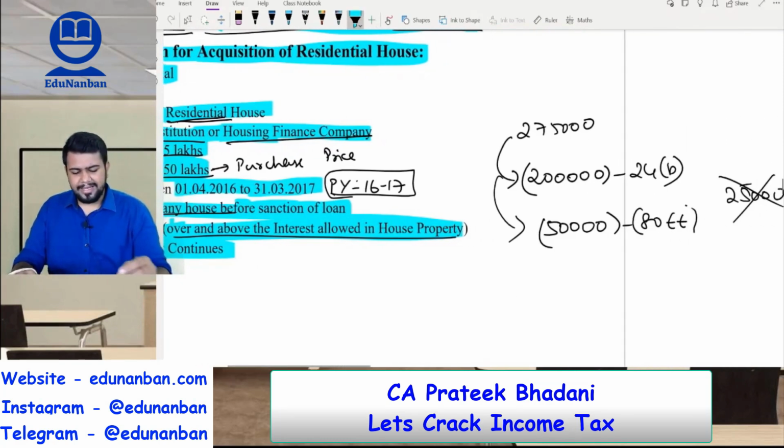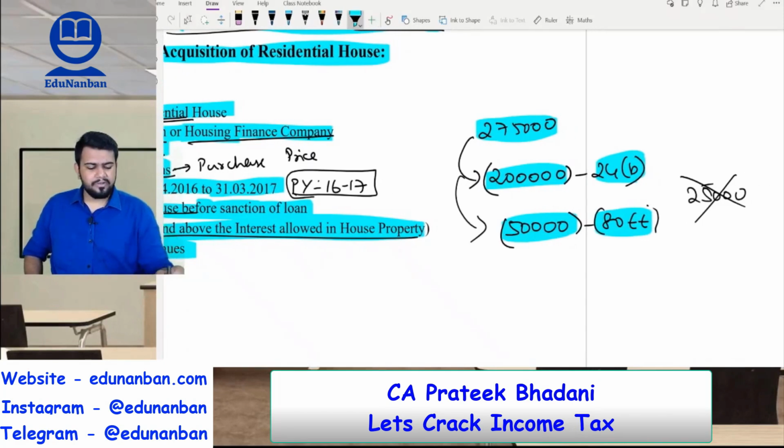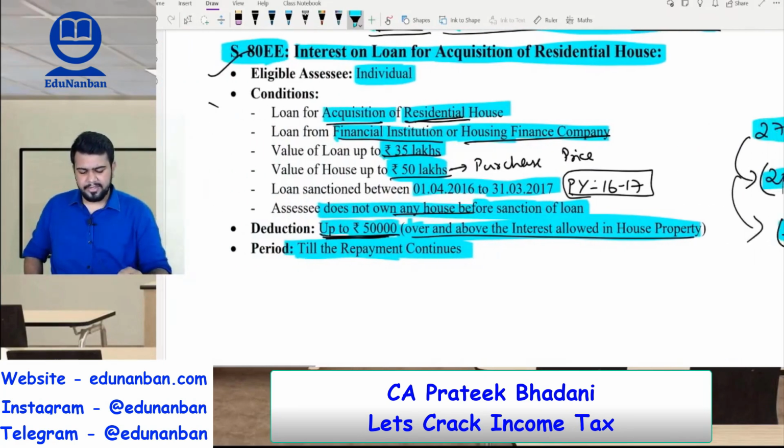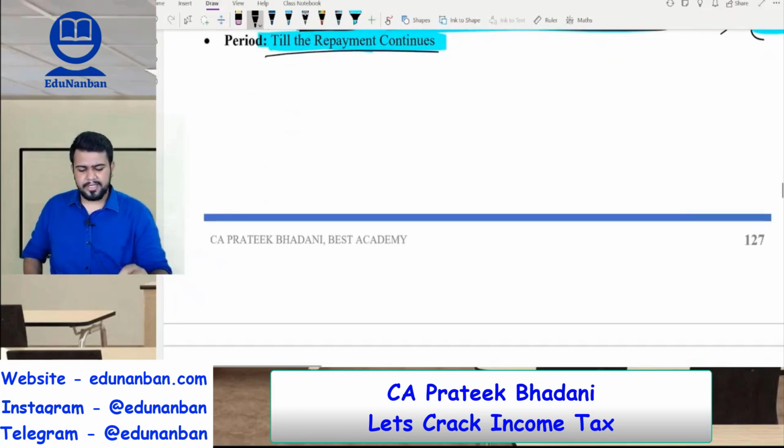So if actual interest is 2,75,000, first claim 2 lakhs under 24B under the house property chapter, then claim 50,000 under section 80EE. After this you will have 25,000 as balance. You can't do anything about it, just leave it. Next, the period: there is no maximum period; till the repayment continues, it is allowed as deduction.